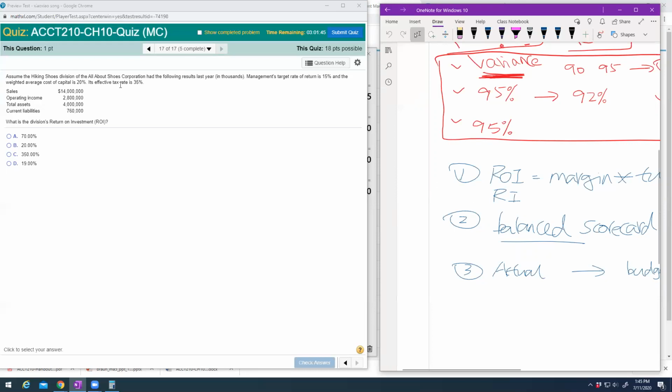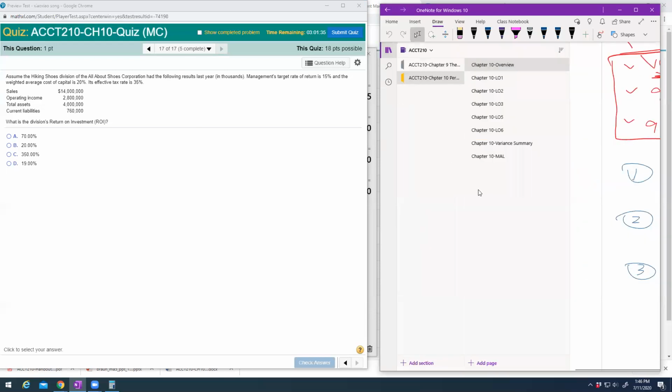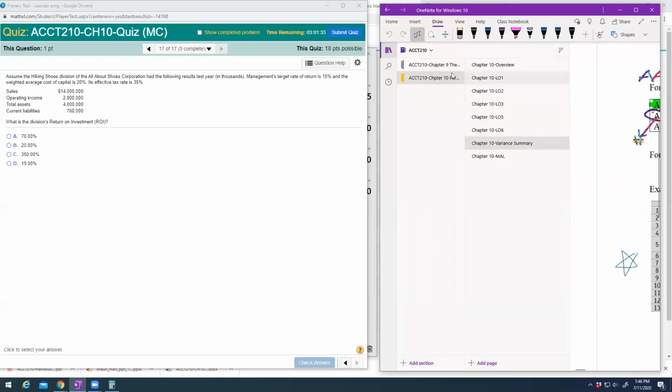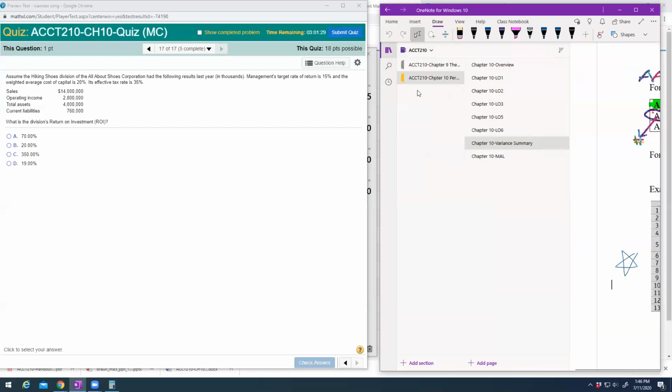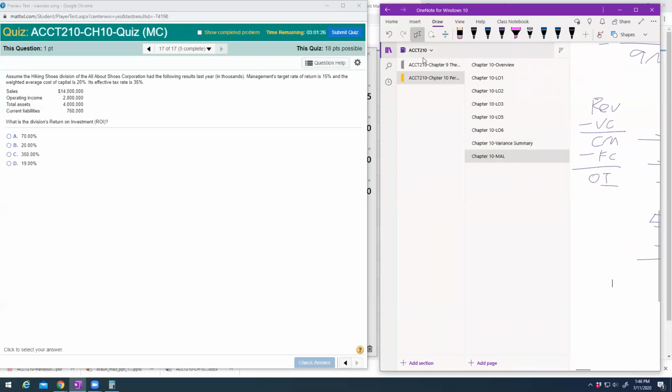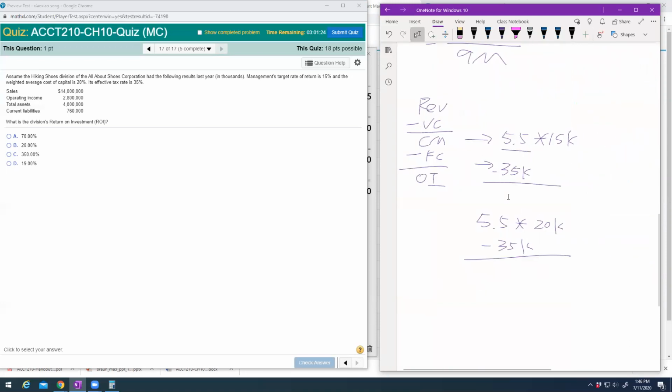The balanced scorecard is also from the multiple choice and the problem. For the variance, I suggest you focus on the summary I put here, and also focus on the problem part. I apologize one more time. I have no idea why I put this multiple choice. I don't want to confuse you.